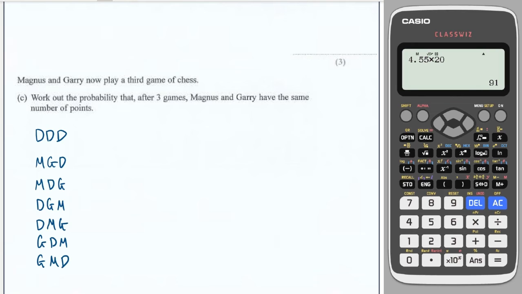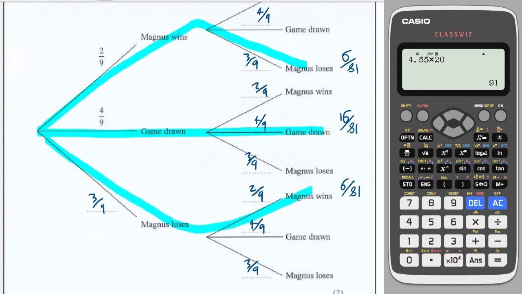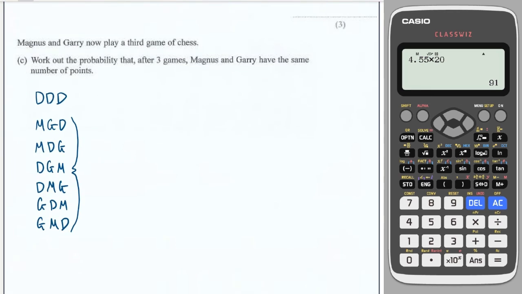Those are the only possibilities. And actually they all have the same probability, because there will be one Magnus win, one draw, and one Gary win.